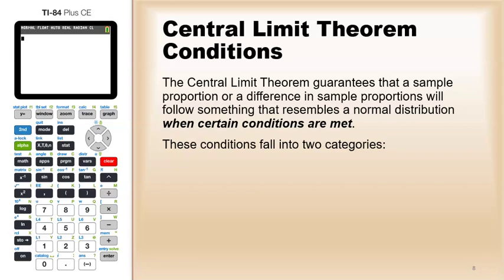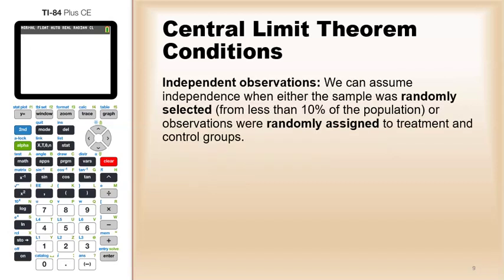These conditions will always fall into 2 categories: independent observations and sample size. What I mean by independent observations is that the results from one observation in your sample have nothing to do with any other observation in your sample.